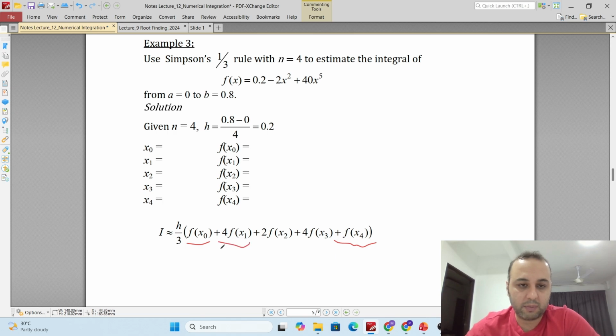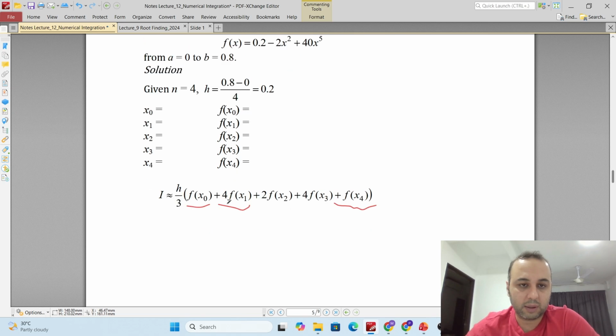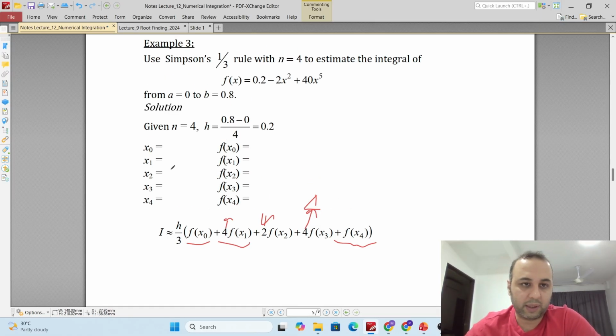The second term, the coefficient is 4. Third one 1. Number 4 again, coefficient is 4. See, 4 2 4 2 4 2, like this. This is the pattern.